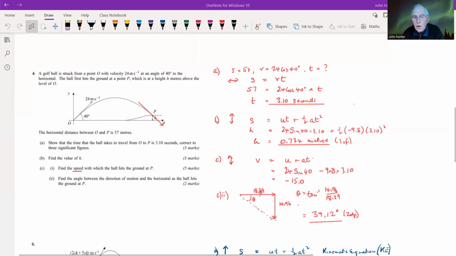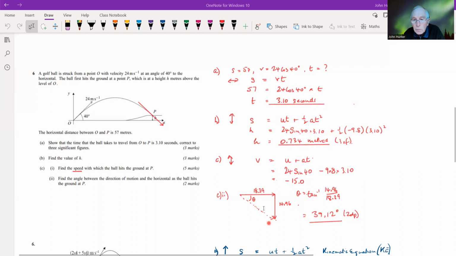I think we've done that offline. That is basically your 24 cos 40. So if we just draw this in a little triangle of velocities, 18.39, 14.96, and we just calculate that angle there, it gives us 39.12 degrees.